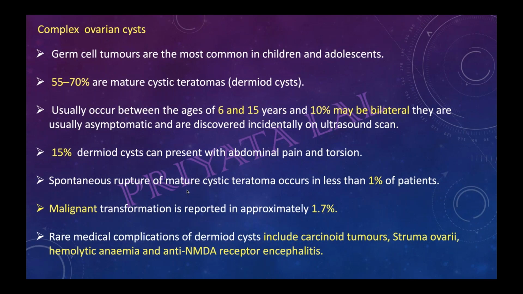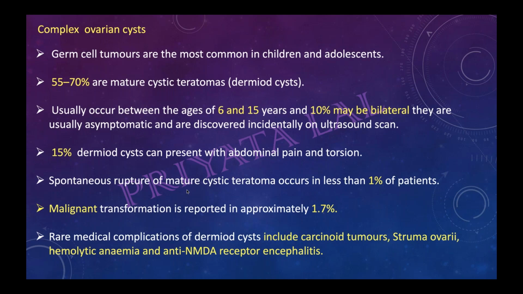Now, if a child or adolescent comes with a complex ovarian cyst, what will you think of? If it is not mid-cycle or a hemorrhagic cyst, another possibility is dermoid or mature cystic teratoma. They are present in 55 to 70%.